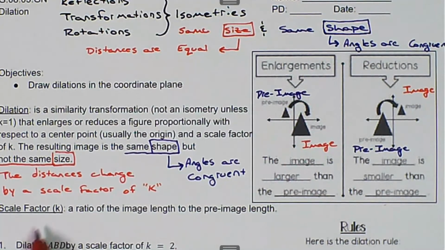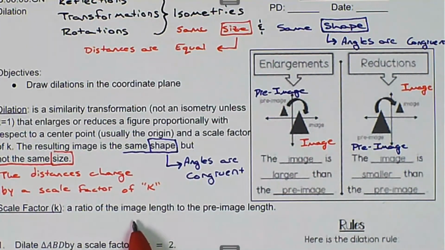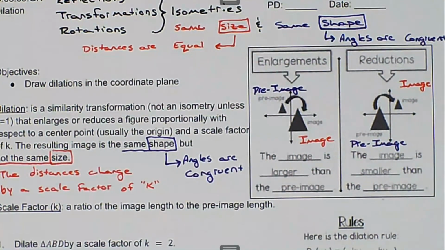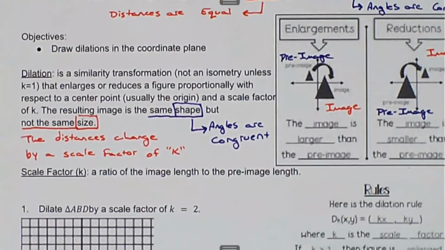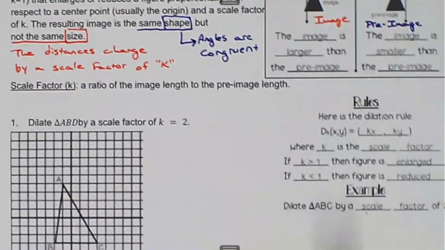So we have a scale factor K is a ratio of the image length to the pre-image length. So that's important to remember. We want to make sure that we put the image in the numerator.